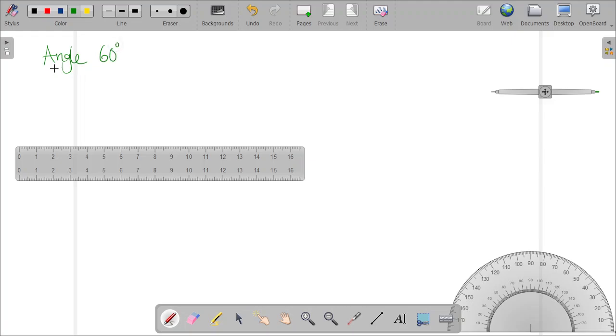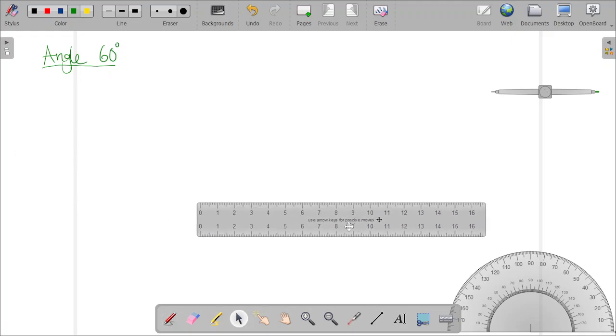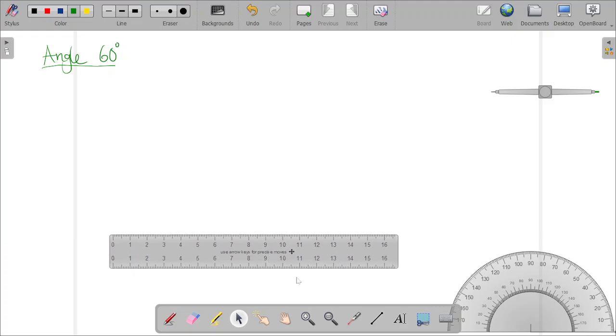Now for us to construct this, the first thing we are going to do is to draw a straight line like so. Draw your line like this.